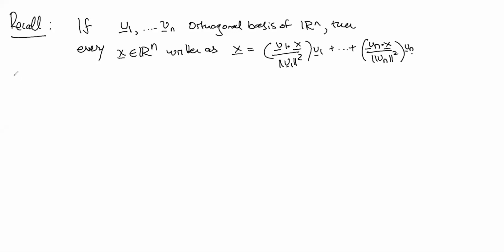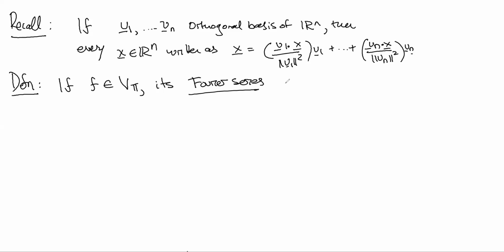Okay, so here's the definition. If a function f is in V pi, its Fourier series is defined as the following series. Let's call it fs of f.